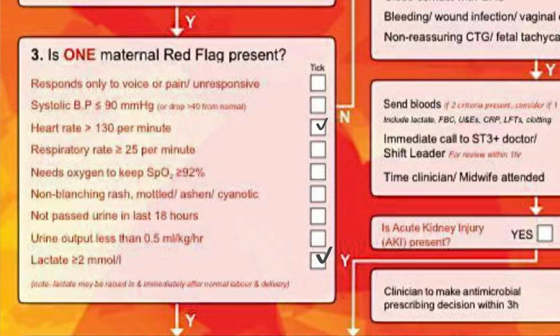In adults, ours is greater than or equal to 2. So for us, we just need 2 millimoles to indicate possible infection.